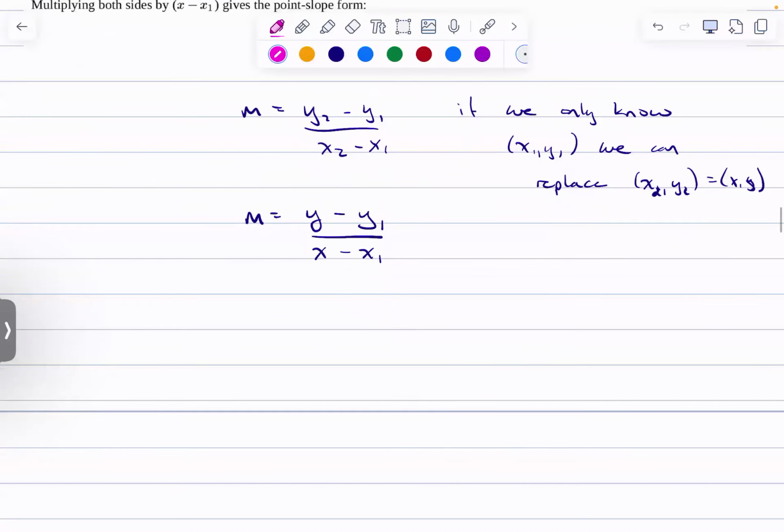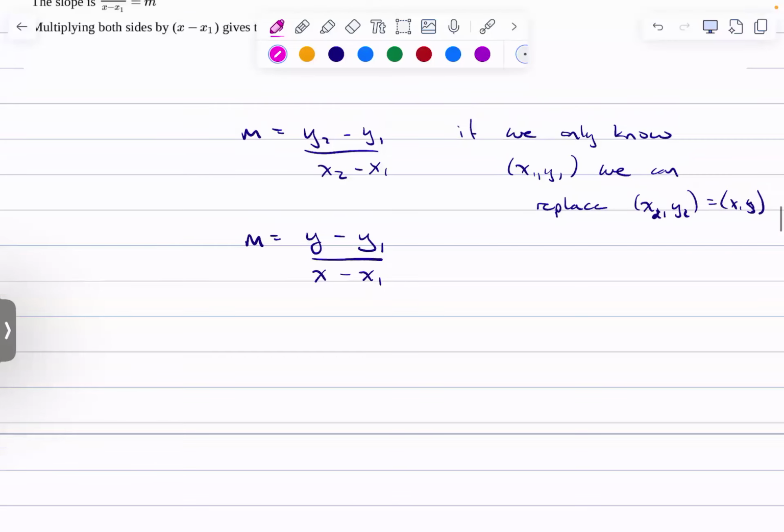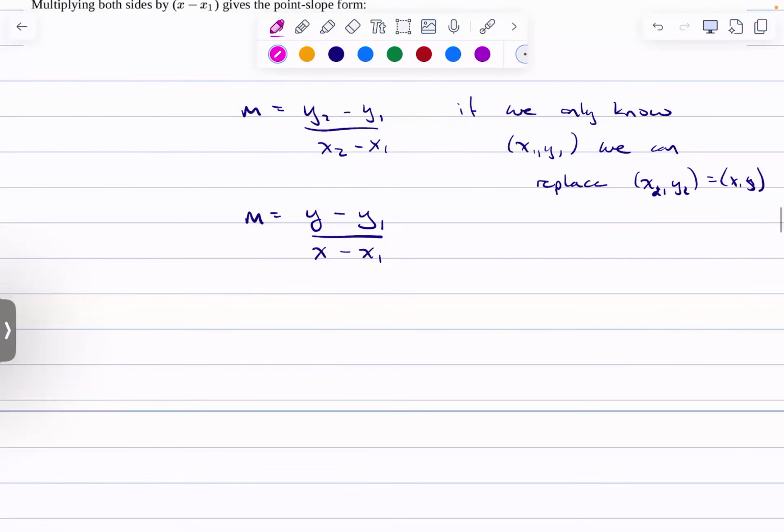So if I want to move this x minus x1 over to the left-hand side, I can multiply by x minus x1, but as long as I do it to the other side as well.